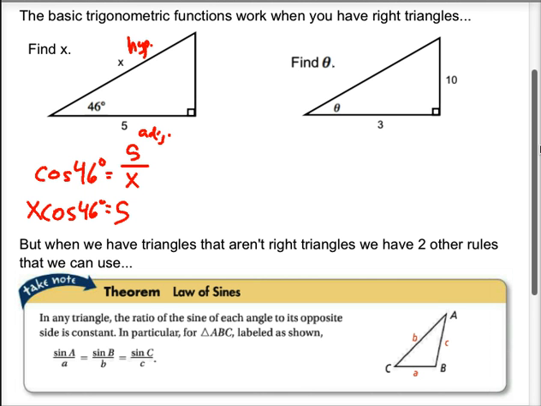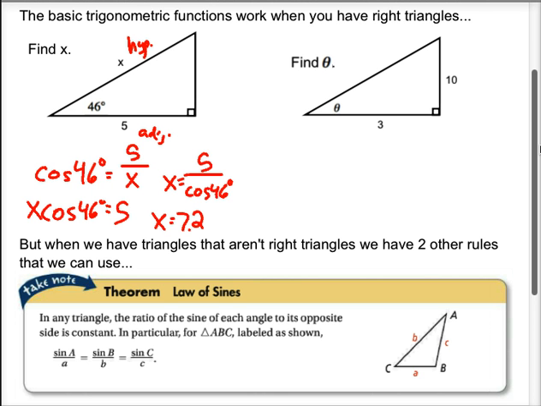Now I still don't quite have x by itself. Now I'm going to have to divide by that cosine of 46. So x is going to be 5 divided by the cosine of 46 degrees. From here, all you have to do is punch that into your calculator. So 5 divided by the cosine of 46, and that gives you x is about 7.2.